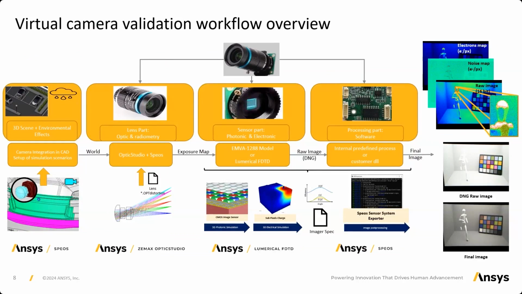If we focus a little bit more on today's topic, the virtual camera validation, Ansys proposes a unique workflow that starts with a 3D scene, a virtual scene, in which we will define the optical properties, the lighting conditions, and so on, but also the environmental effects, such as rain, fog, and so on.